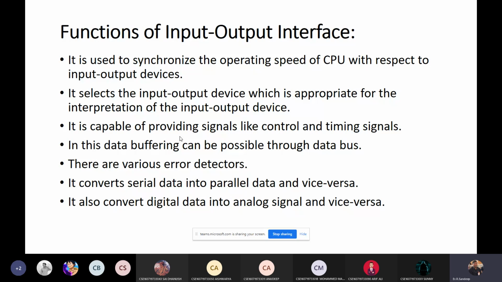In a similar way as I explained analog to digital and digital to analog, the serial data coming from the keyboard will be converted into parallel data for the CPU. And it converts digital data into analog signal and analog signal to digital signal. These are the major functionalities of the input-output interface.